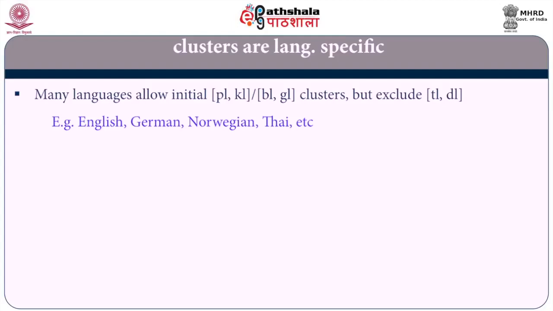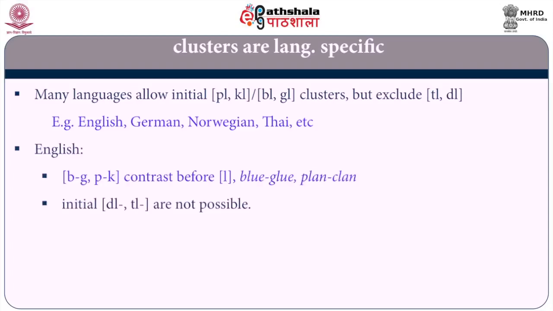Why? It's nothing to do with the ability to pronounce. We can all say tla, we can say dla, but they don't allow. Right? English makes a contrast between ba and ga, pa and ka before la. So you have blue, you have glue, you have plan versus clan. You contrast. But dla and tla are not possible, as I said.